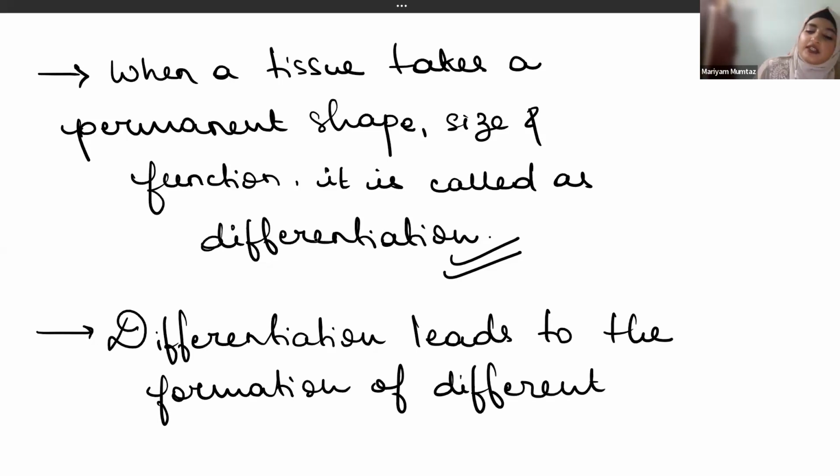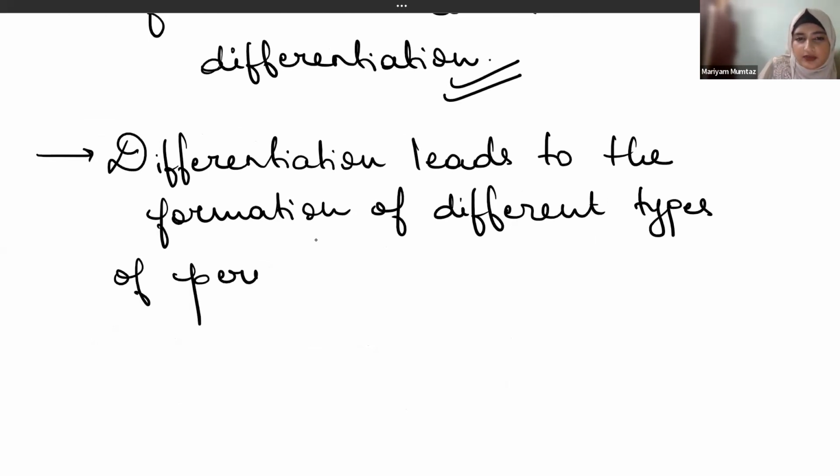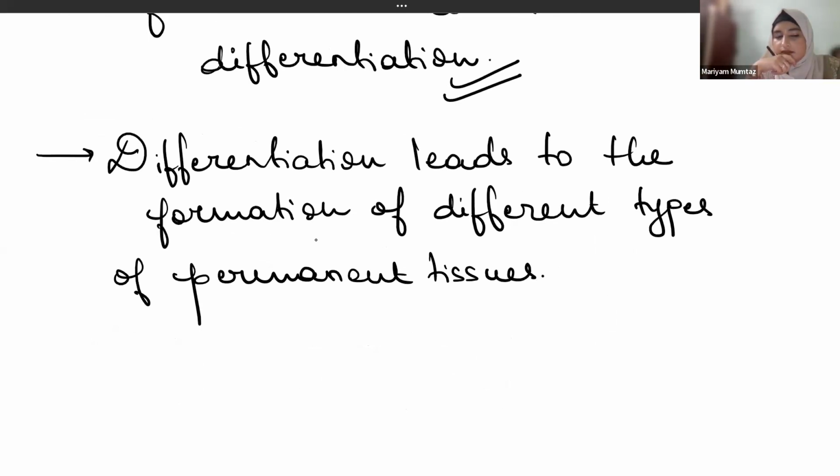The different types of permanent tissues are formed by the process of differentiation only. Is it clear? Yes, ma'am.